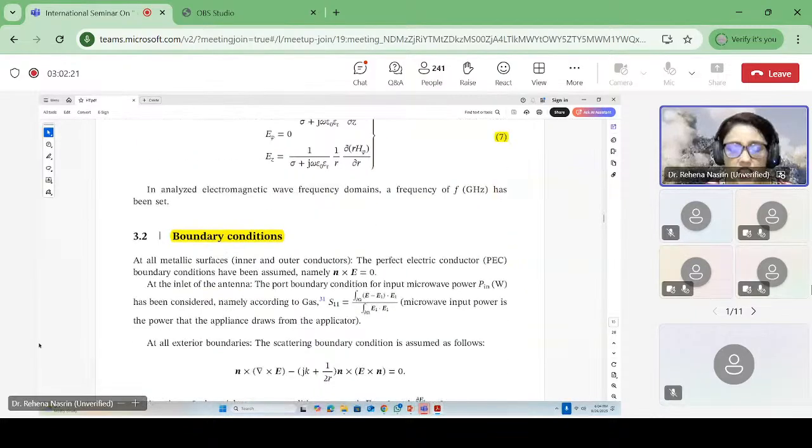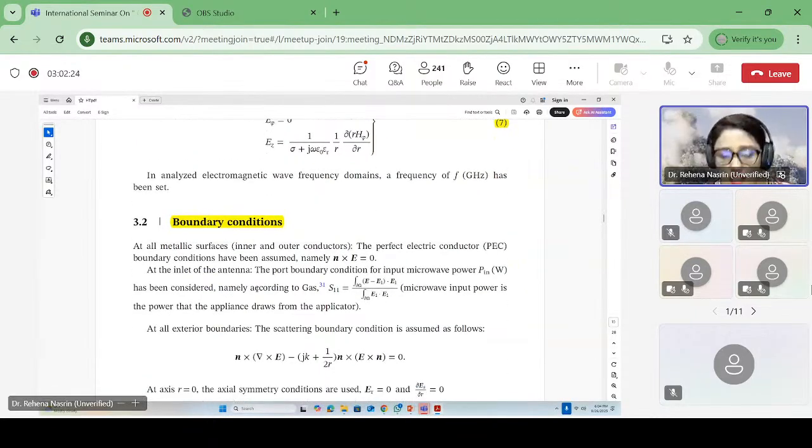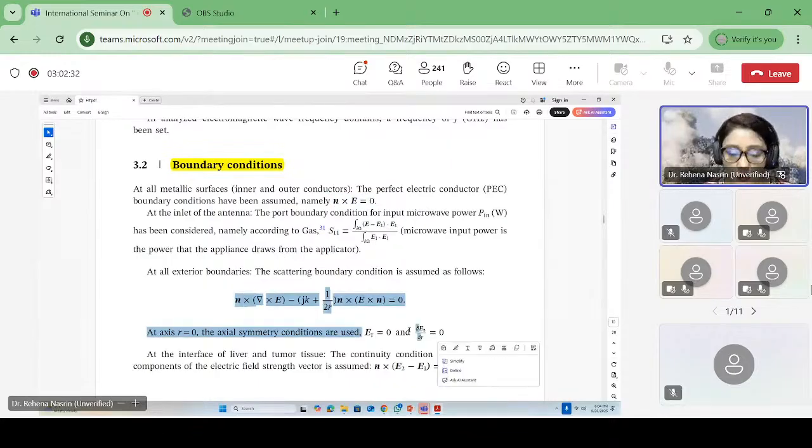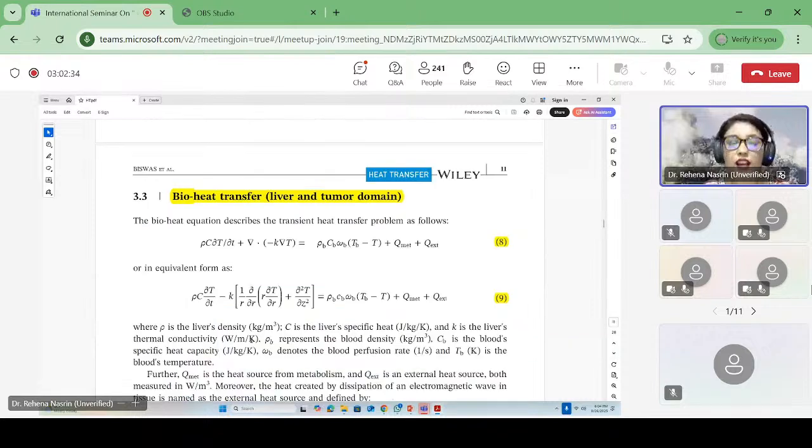So many equations, and also the boundary conditions for the electromagnetic wave field. The boundary conditions are given here, and then we again use another physics, which is known as Bio heat transfer. To perform the simulation, we use 2 types of physics.